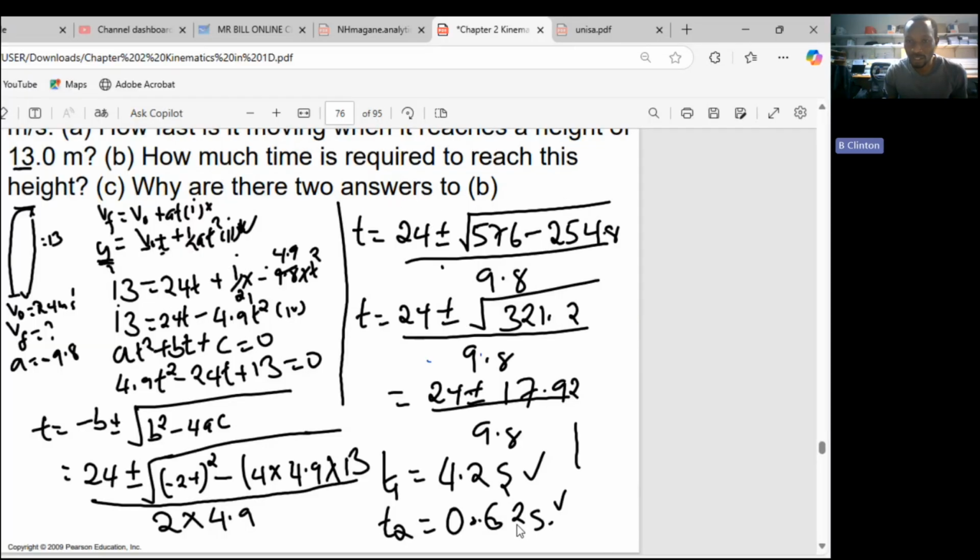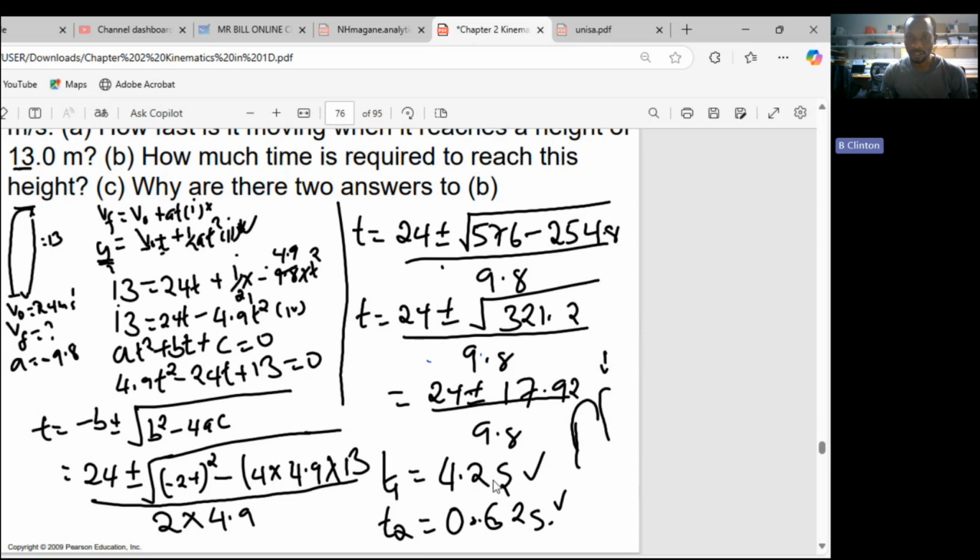So t2, which is 0.62 seconds, corresponds to the time the ball was moving upward. Remember, as the ball continues going up, the force of gravity, or acceleration due to gravity, is decreasing its speed. You throw it up, it moves up so quick, but as it continues going up, g decreases its speed.